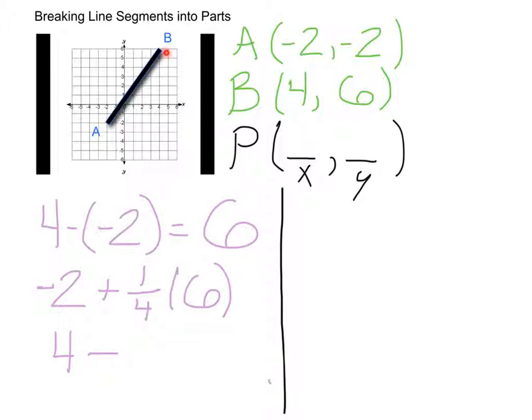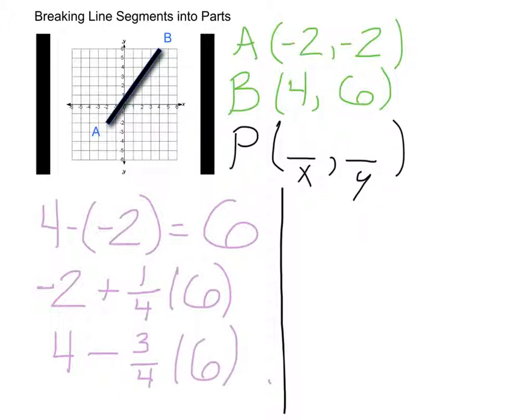If I'm going from B down to this new point, I'm talking about going 3/4 of the way from B to A. Whereas when I was here, I was talking about going 1/4 of the way from A to B. So instead of subtracting 1/4 times 6, I actually need to do minus 3/4 times 6.